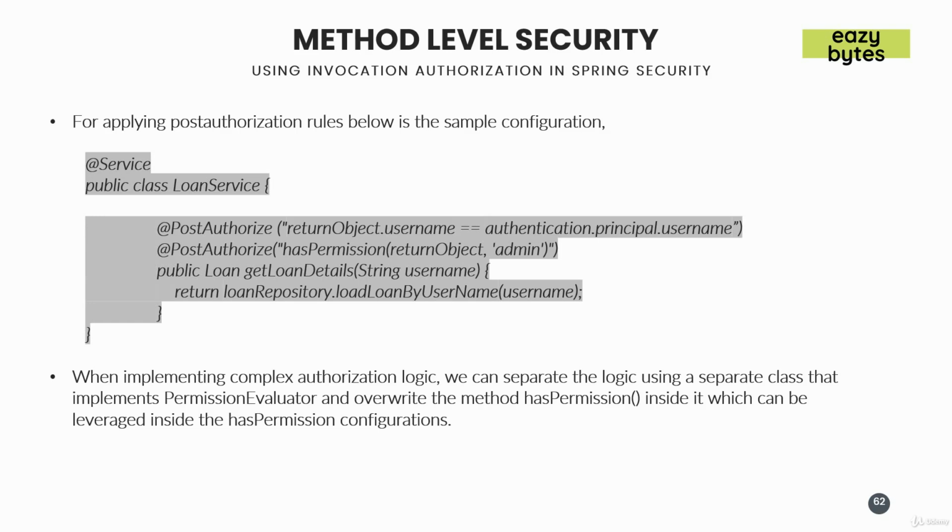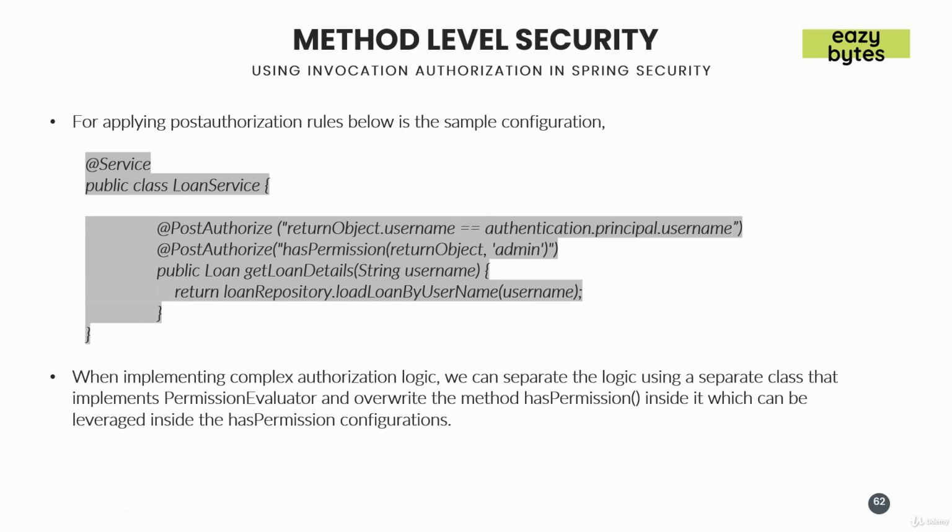Just like how we have hasAuthority, hasAnyAuthority, hasRole and hasAnyRole, if you want to apply complex authorization rules based upon the data that comes from the method and certain business requirements which you can't put inside the annotation brackets, in such scenarios you can write your own permission evaluator class by implementing the PermissionEvaluator interface and overriding the method hasPermission.